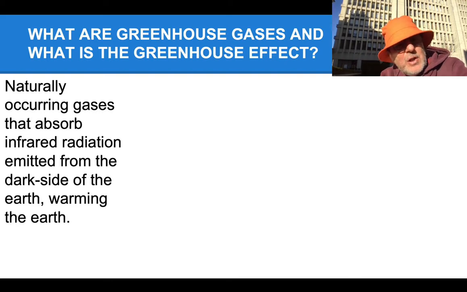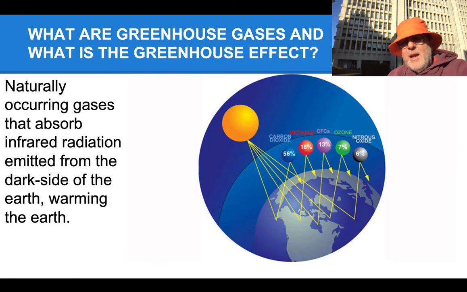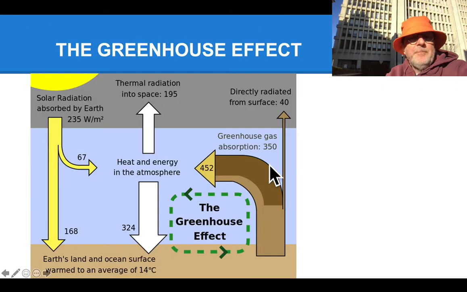The major greenhouse gases we are concerned with are carbon dioxide, naturally occurring, methane, naturally occurring, some chlorofluorocarbons, but those are mostly human-made, ozone, mostly human-made, and some nitrous oxide.